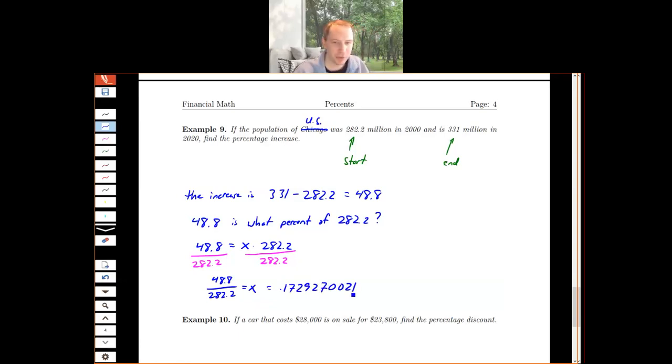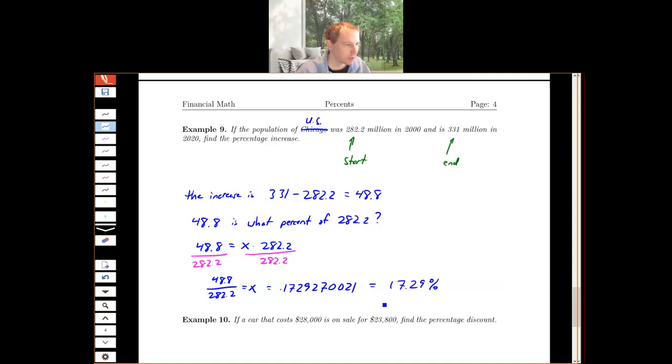It doesn't come out to a nice, neat terminating decimal in short order. So I say, okay, first I want to convert this to a percent, and then I probably want to round this a little bit. Okay. So maybe if I round to a couple decimal places, I'll have 17, maybe 0.29, and I can write that as a percent.